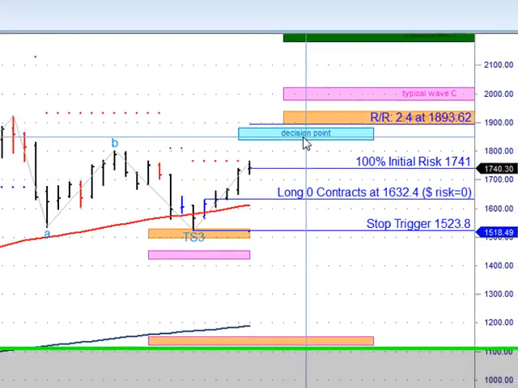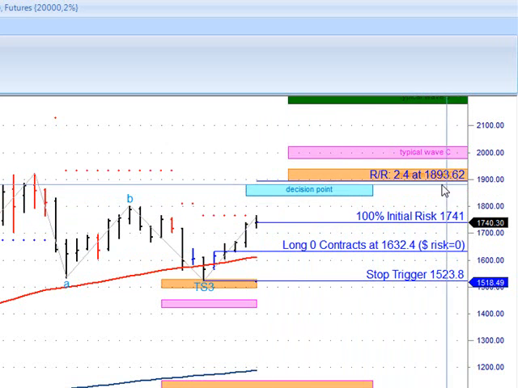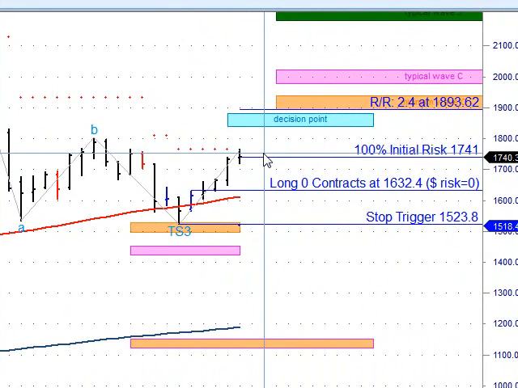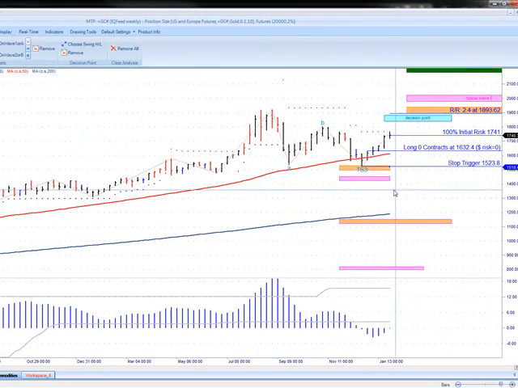And you'll have some decision point resistance off the B swing, and that will come in around 1838, 1839, with the ultimate target on this particular trade there at 1893 and change. Again, the 100% initial risk line has been achieved, therefore you can move your stops to the entry.